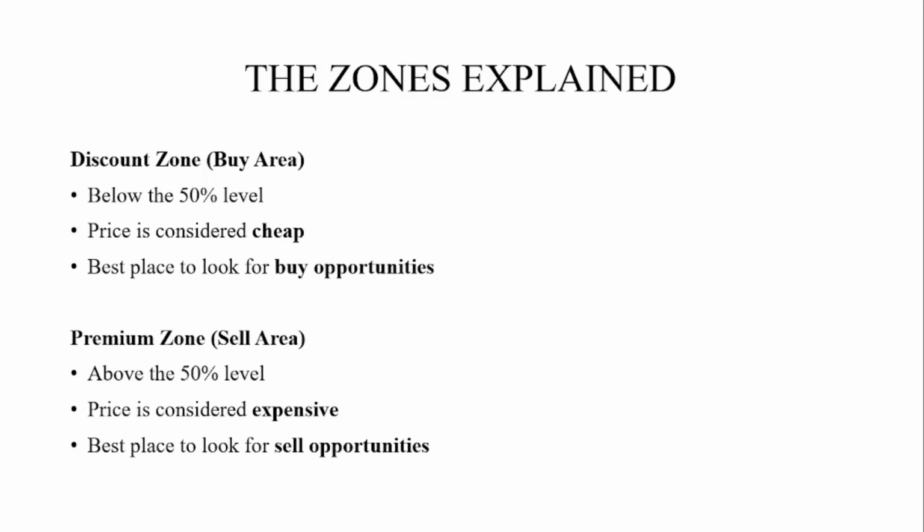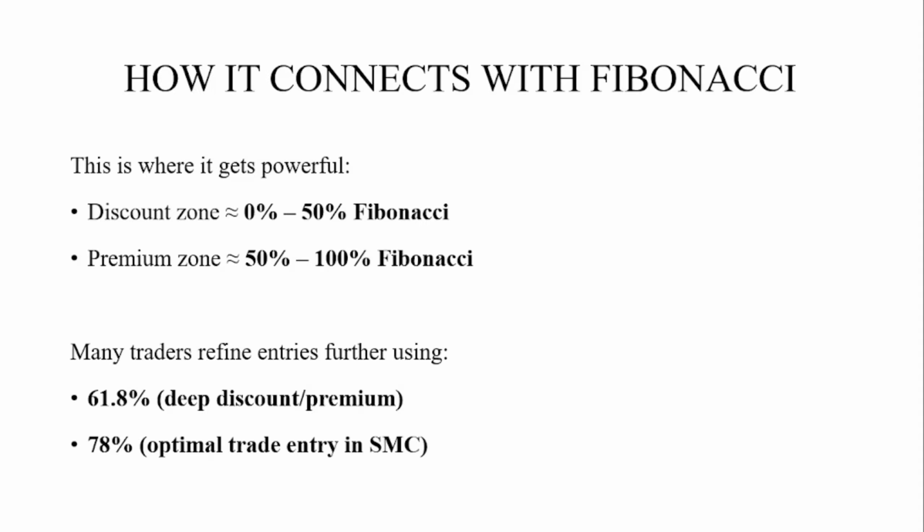Price is considered cheap, best place to look for buy opportunities. While the premium zone, that is the sell area, is above the 50% level. Let me just say the 50% Fibonacci level. Price is considered expensive, best place to look for selling opportunities.